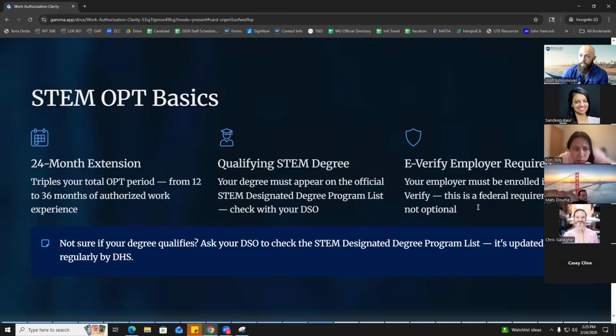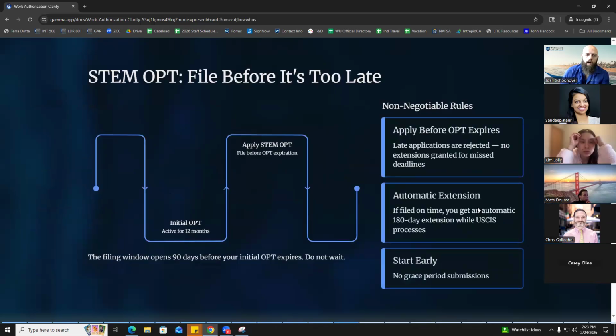When you apply for OPT, you do not need to have an employer. You are required to have an employer when you apply for the STEM OPT extension. And we'll talk about some of the requirements from that employer in a second. The timeline is different for STEM OPT than it is for OPT. You can apply for the STEM extension as early as 90 days before the end date on your EAD card.